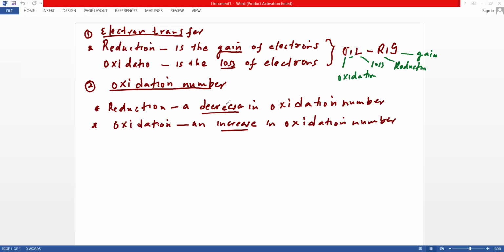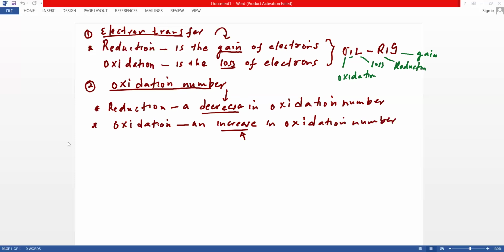So it's very, very important. If a substance has a decrease in oxidation number, it is actually gaining electrons. But when a substance has an increase in oxidation number, it is the one that undergoes oxidation. So it's very important to be able to understand that.